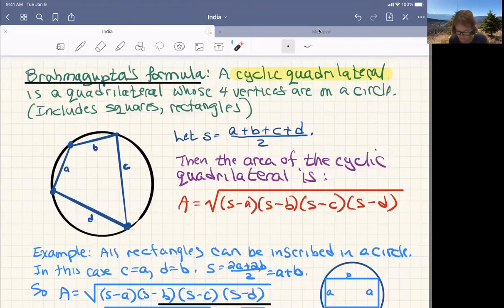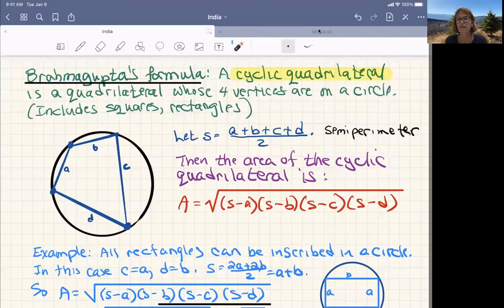So it's the perimeter divided in half. So we're calling that the semi-perimeter. So S is A plus B plus C plus D over 2.